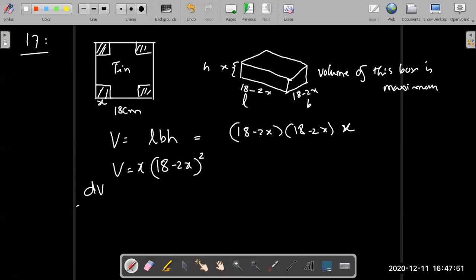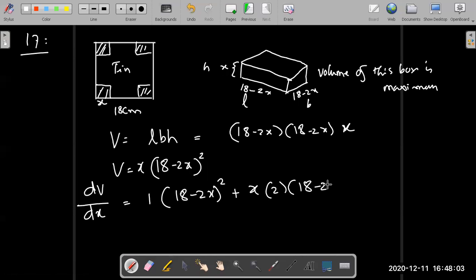Now do dV by dx. So by UV rule, product rule, 1 into 18 minus 2x whole squared plus x into 2 into 18 minus 2x into minus 2, because minus is there.